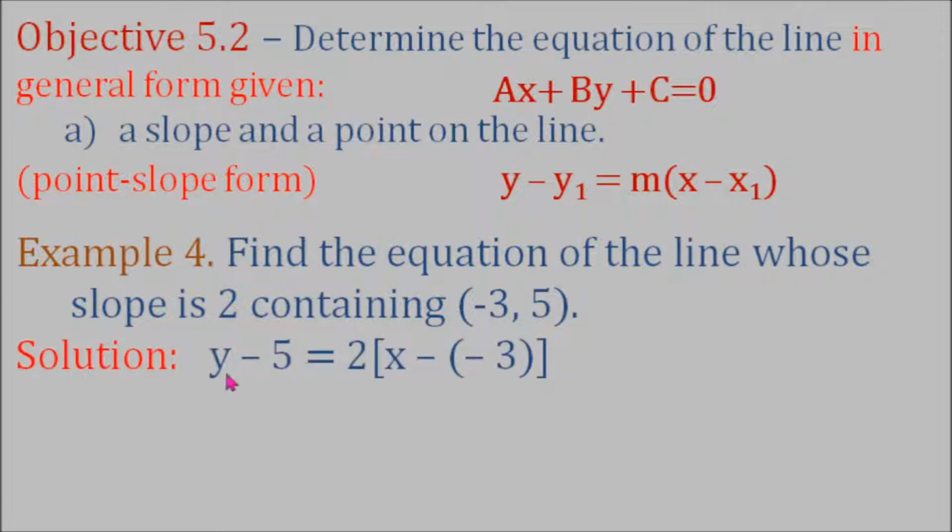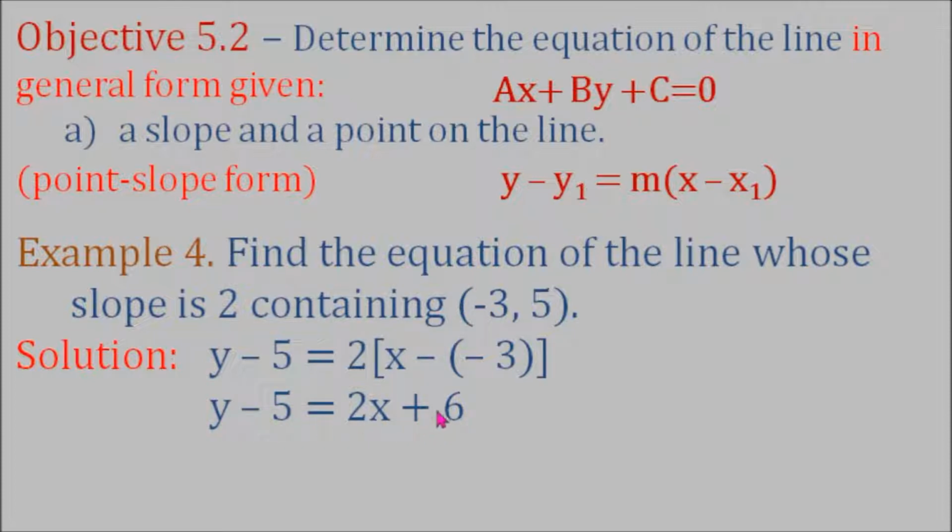So we have y minus 5 equals 2 times the quantity x minus negative 3. So removing the parentheses, we multiply 2 times x and 2 times negative of negative 3. So that gives us y minus 5 equals 2x plus 6.